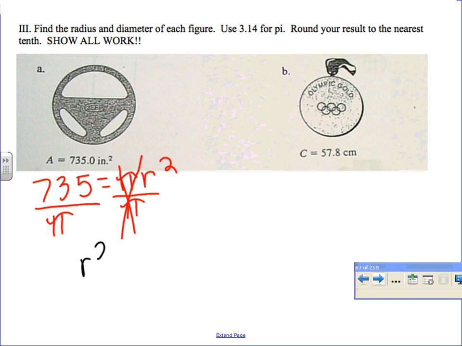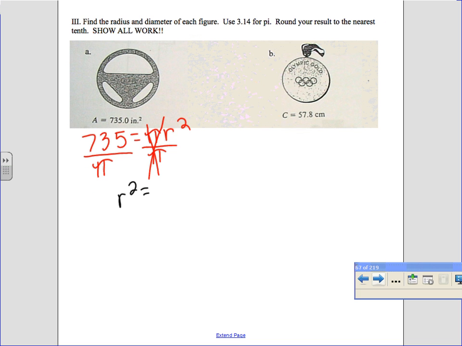So we have r squared equals 234.08. I'm just going to leave it to the nearest hundredth for now. How do we get rid of the exponents? We have r squared equals 234.08. I know I didn't round to the nearest tenth yet. Amberly? Good. We now need to square root both sides. Since we already have a decimal, you don't need to simplify the radical completely.